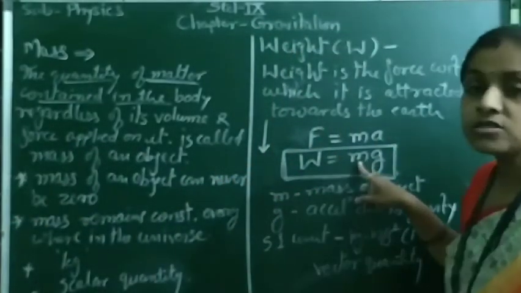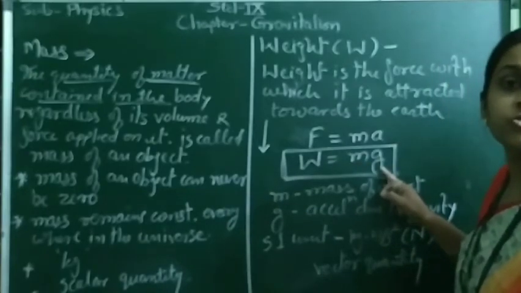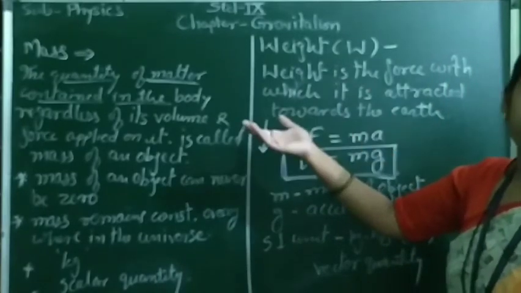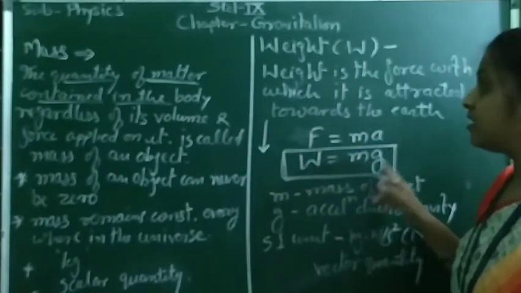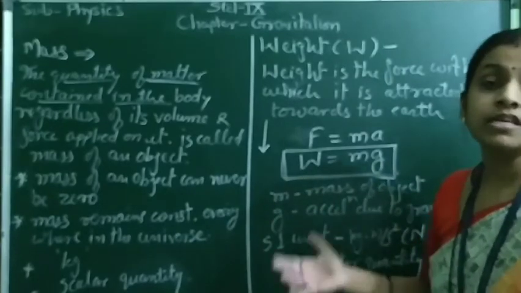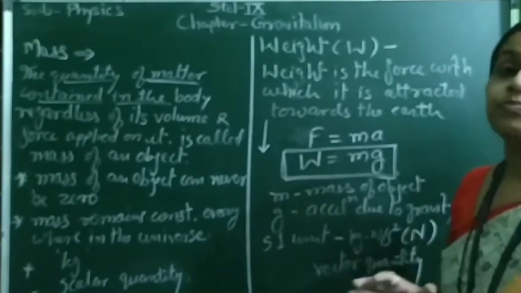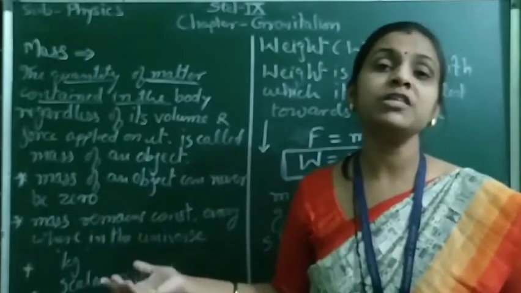Though the mass of an object remains constant, the value of g changes from place to place or planet to planet. So as the value of g changes, the weight of an object also changes from place to place. So the weight of an object is never constant. It changes from place to place.